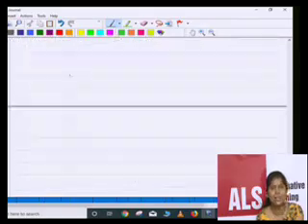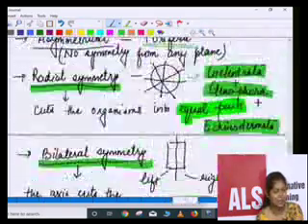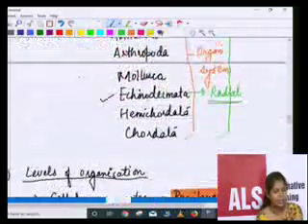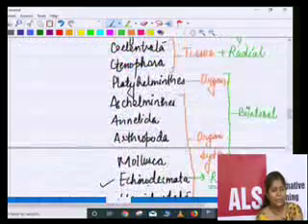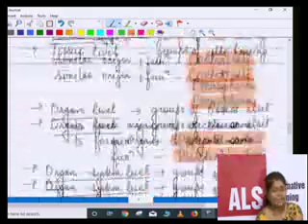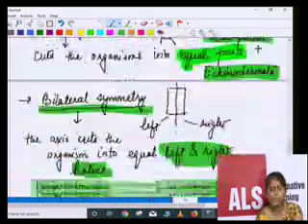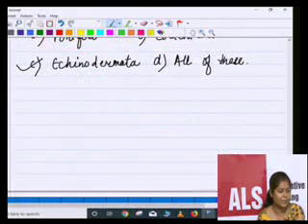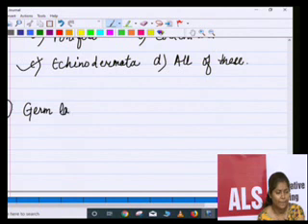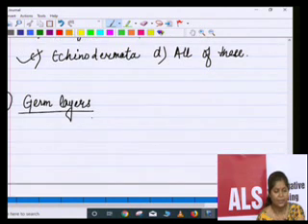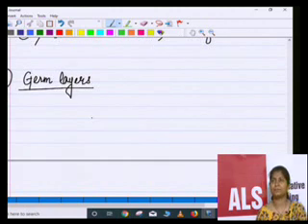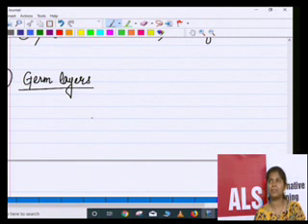So next thing, what comes in our mind, isn't it? After 2 things, first the level of organization, second we are talking about symmetry, the third what comes in our mind is the number of germ layers. So what is a germ layer? We are dividing the animals on the basis of germ layers. What are germ layers? Tell me. Any idea?